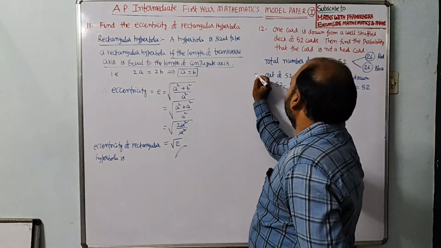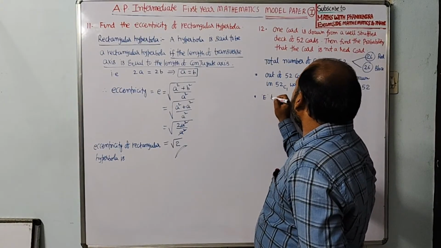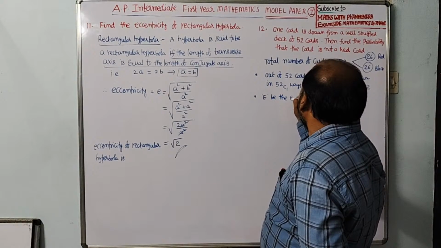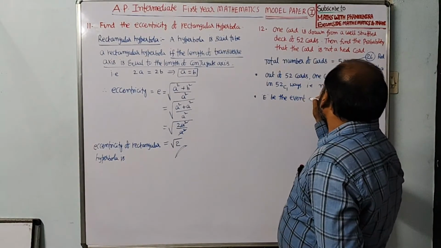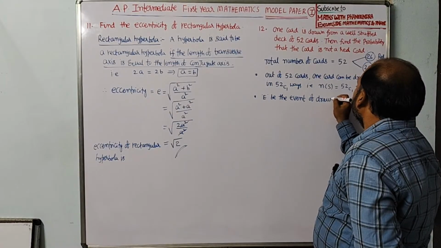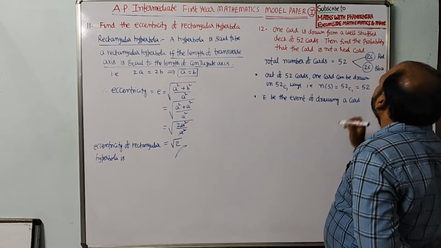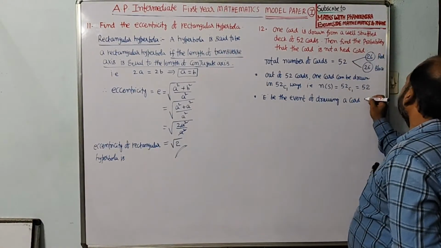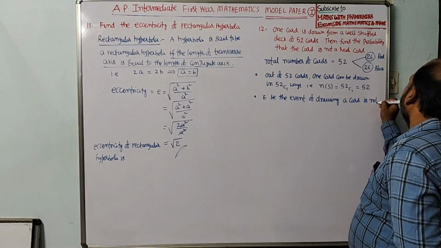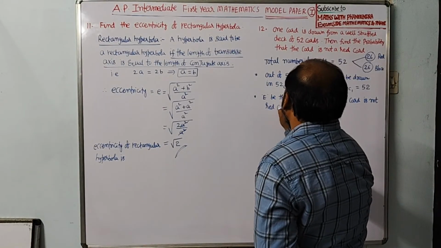Next, let E be the event of drawing a card that is not a red card.